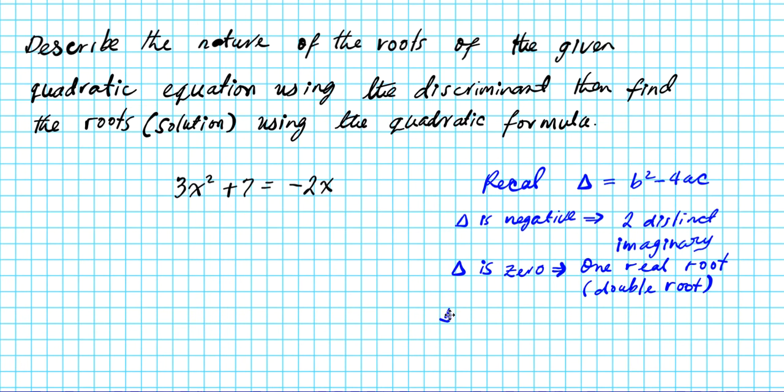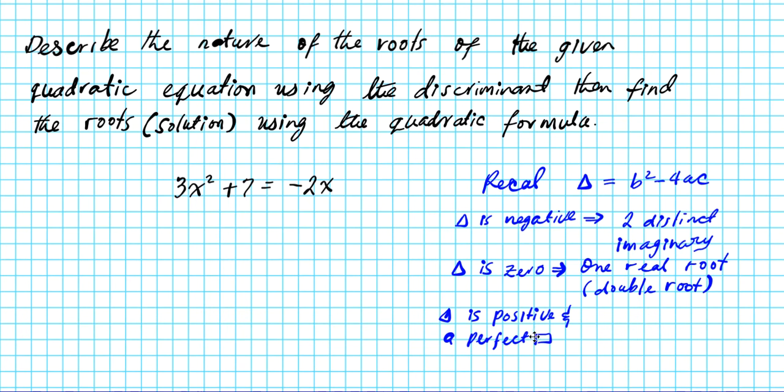If your discriminant is positive, you're going to have two distinct roots, okay? They can be further separated into rational or irrational. That depends on if the discriminant is a perfect square or not. Okay? So let's say that the discriminant is positive and a perfect square.